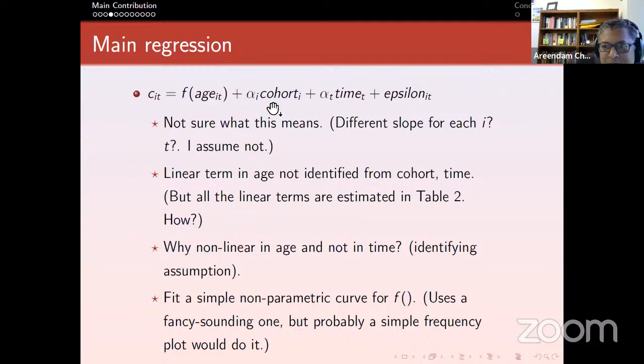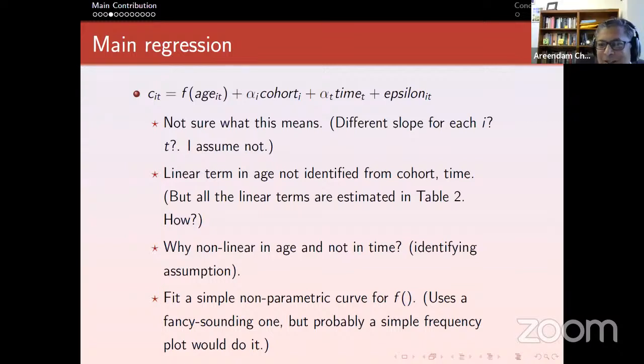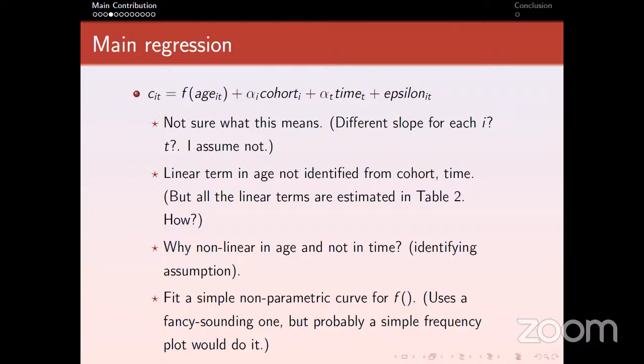Have we lost Bent? I can't hear anything. Yeah, same here. I can't either. Is there a way to message him and let him know that? Bent, we can't hear you.